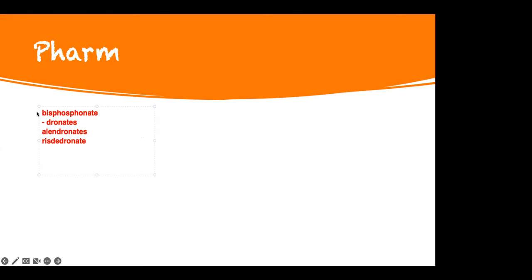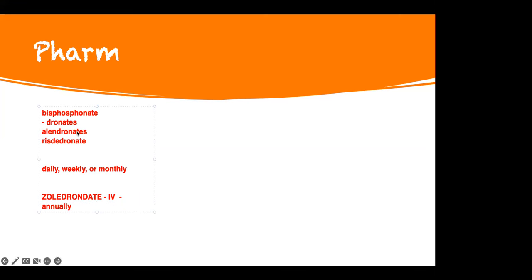There's another one, Risedronate. All of these can be taken daily, weekly, or monthly. There's one though that is only given, I will put it in capital, Zoledronate. This is the only one we give through IV, and it is annually.